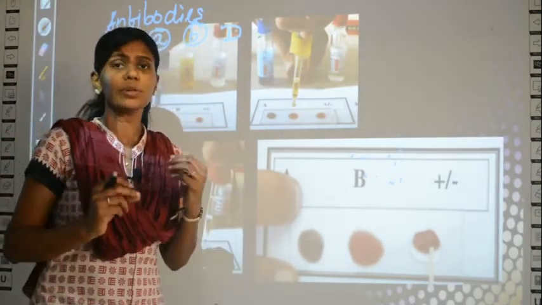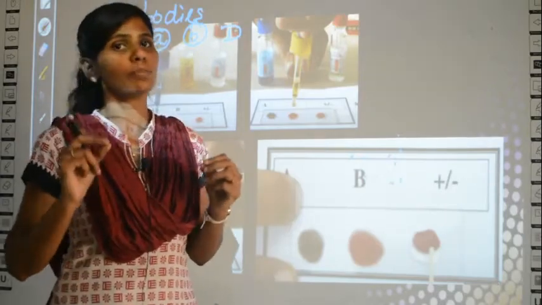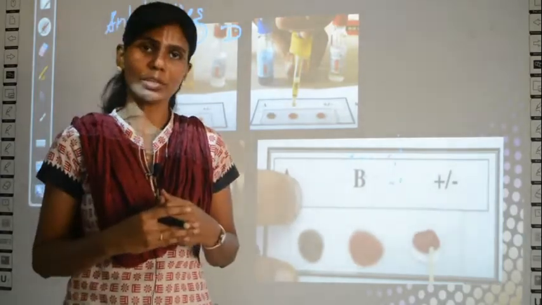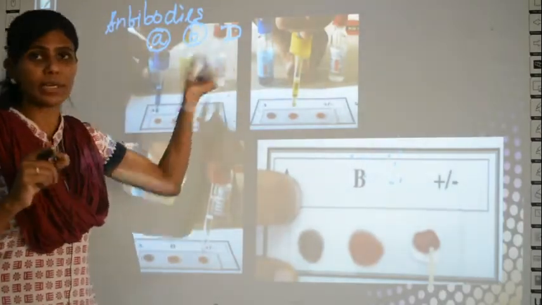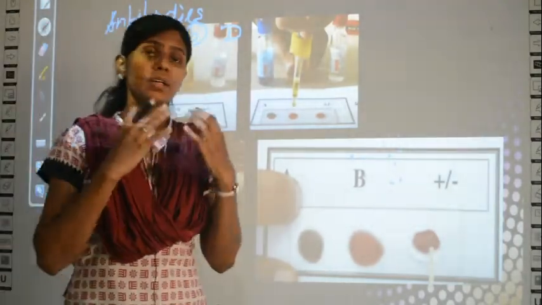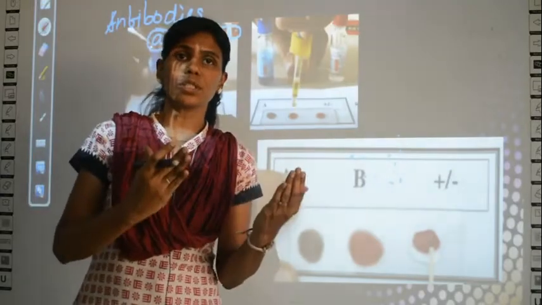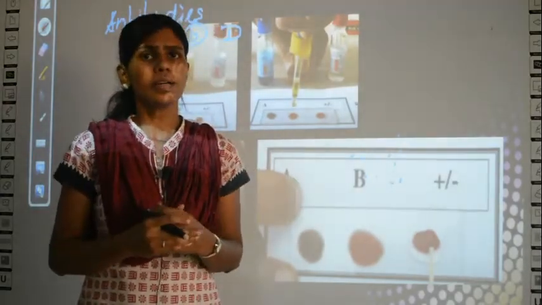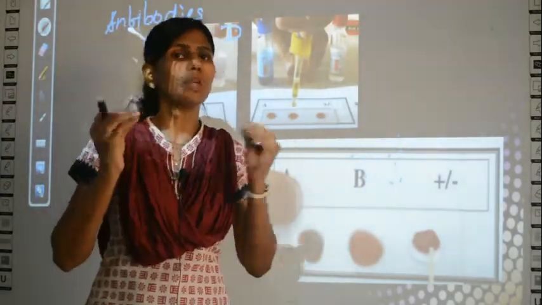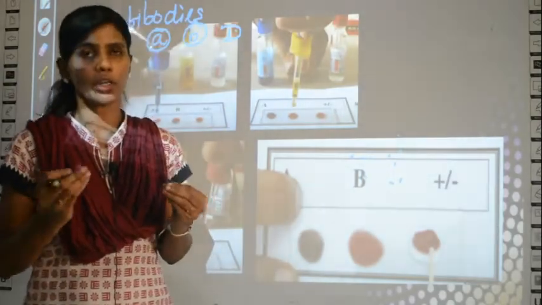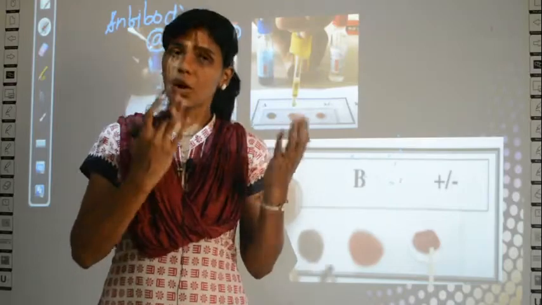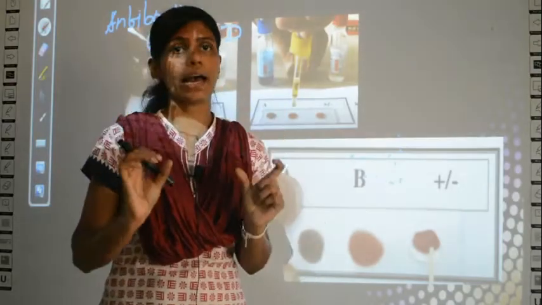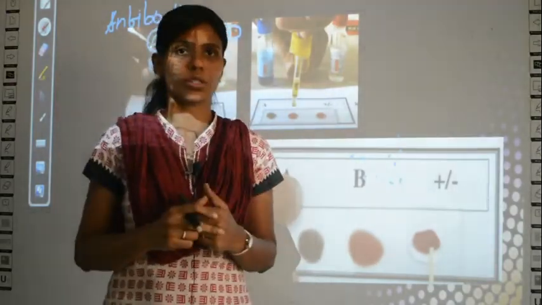What is this D then? I told you, certain people will have positive blood group and some will have negative blood group. The presence or absence of antigen D only will decide whether a person's blood group is positive or negative. Apart from the A and B antigens and antibodies, not all, but a few people will have D antigen also.